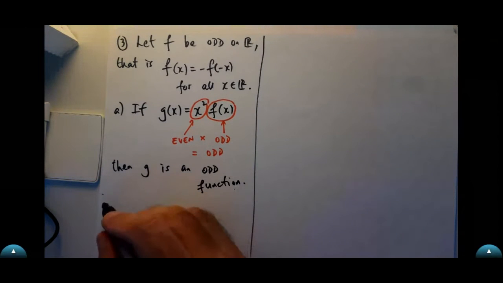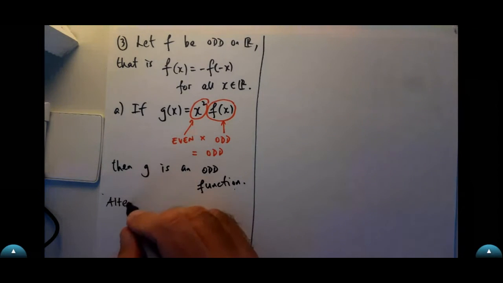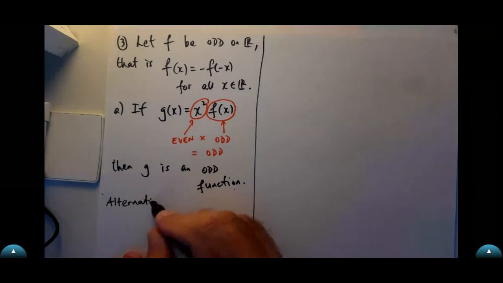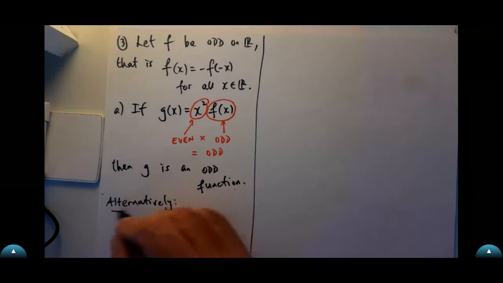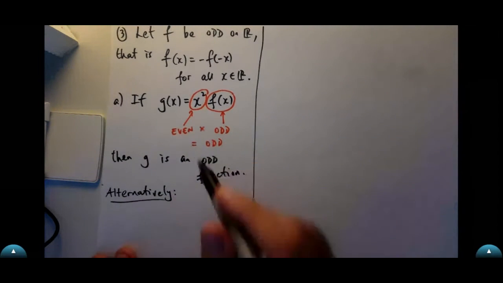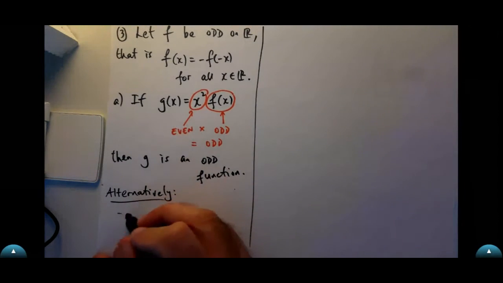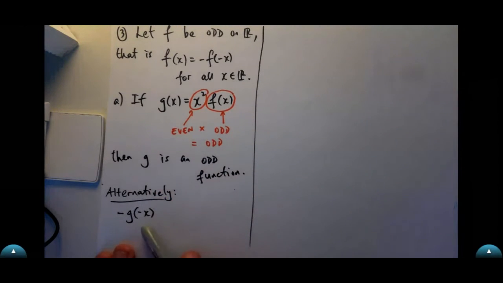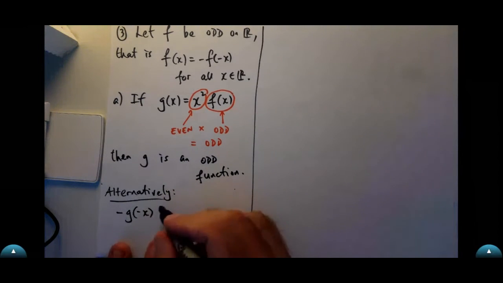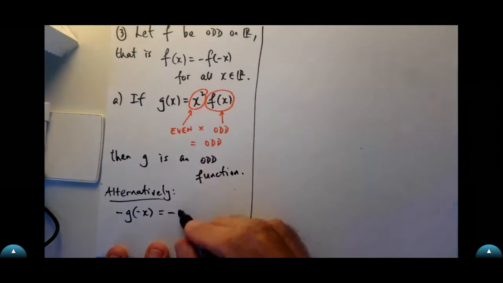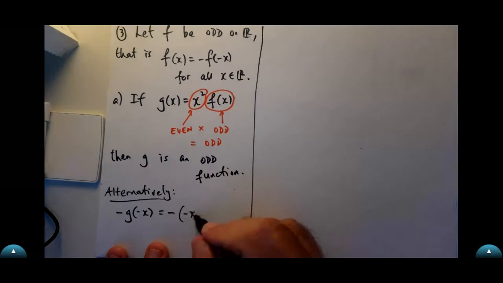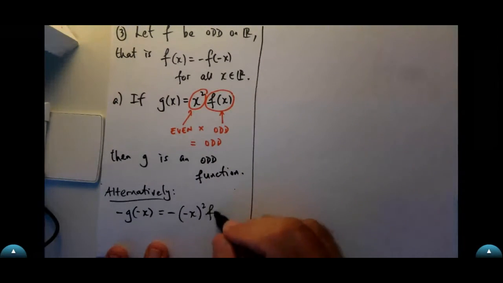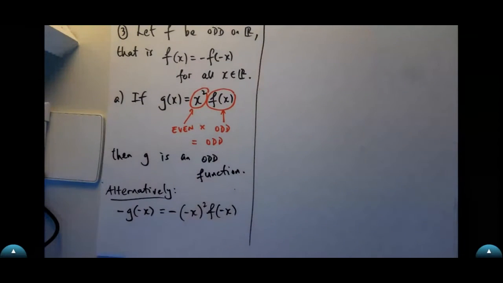So let's try that. Alternatively, let's consider this. We want negative g of negative x, and we want to show that this is equal to g of x, and that'll also satisfy the odd condition, right? So let's make this negative, replace x with negative x, and we'll get something like that.